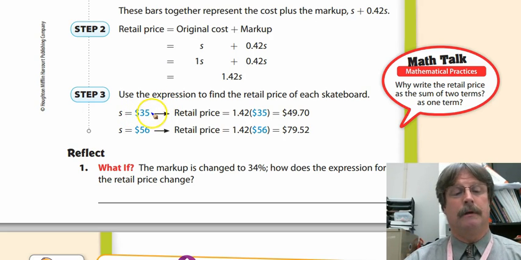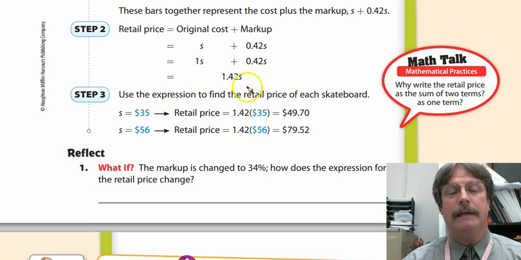So 1.42 times $35, and your final retail price is going to be $49.70. They also do the same thing for the $56. Substitute the 56 in, so 1.42 times 56 is going to equal $79.52 as your final retail price.